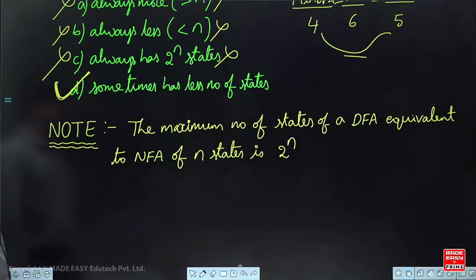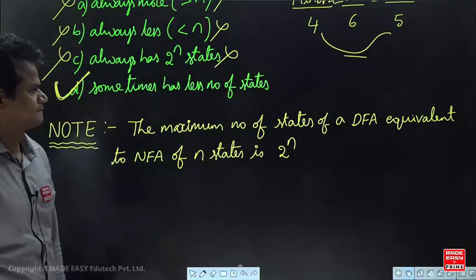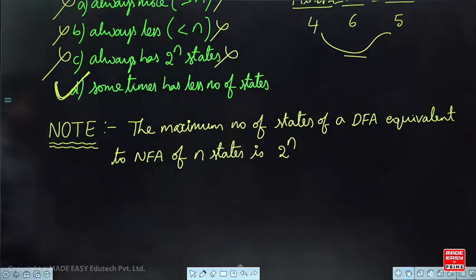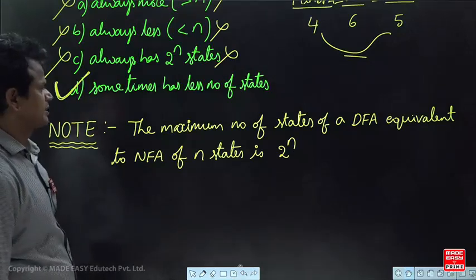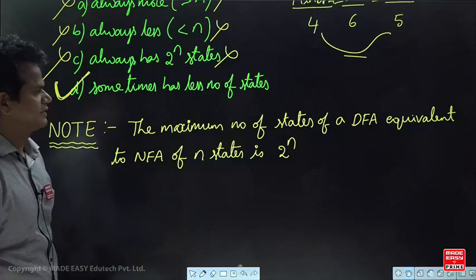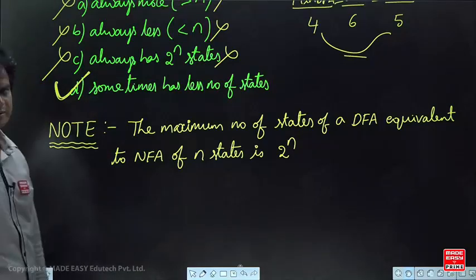So maximum states, okay. The maximum number of states of a DFA equivalent to an NFA of n states is 2 power n.